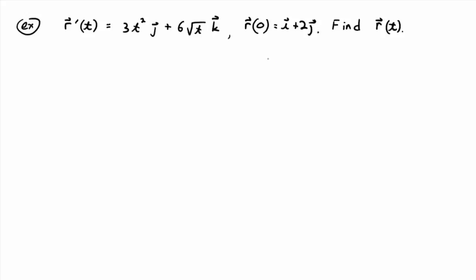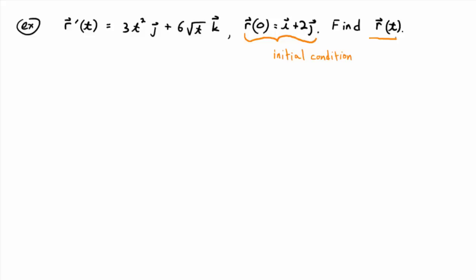We're given that r of 0, not r prime of 0, but r of 0 is equal to the vector i plus 2j. That's called an initial condition. So given r prime, given the initial condition, you're asked to find r of t, and we can do it. In other words, we can figure out what that vector constant c will be.